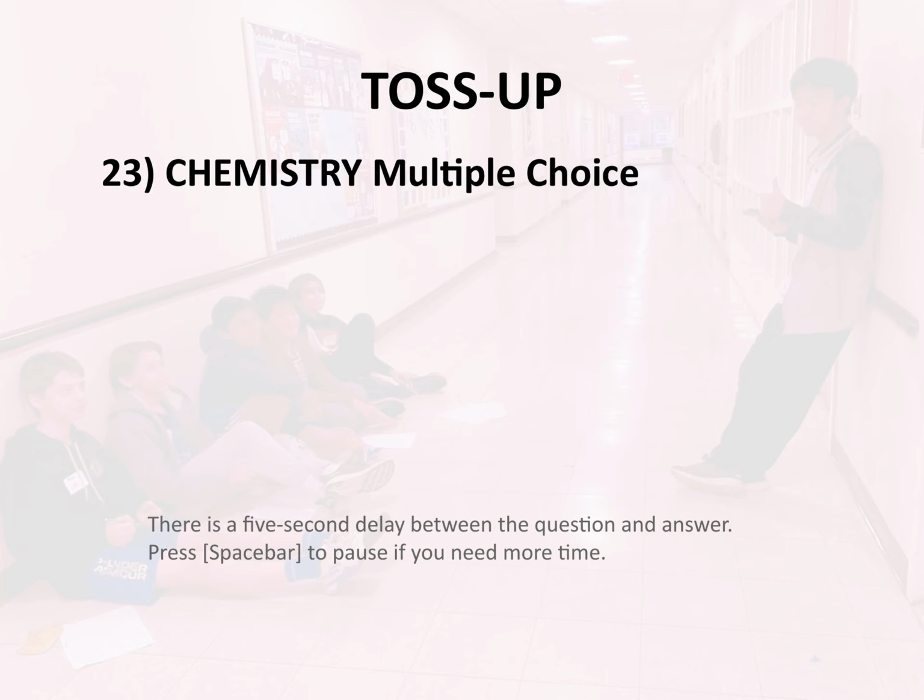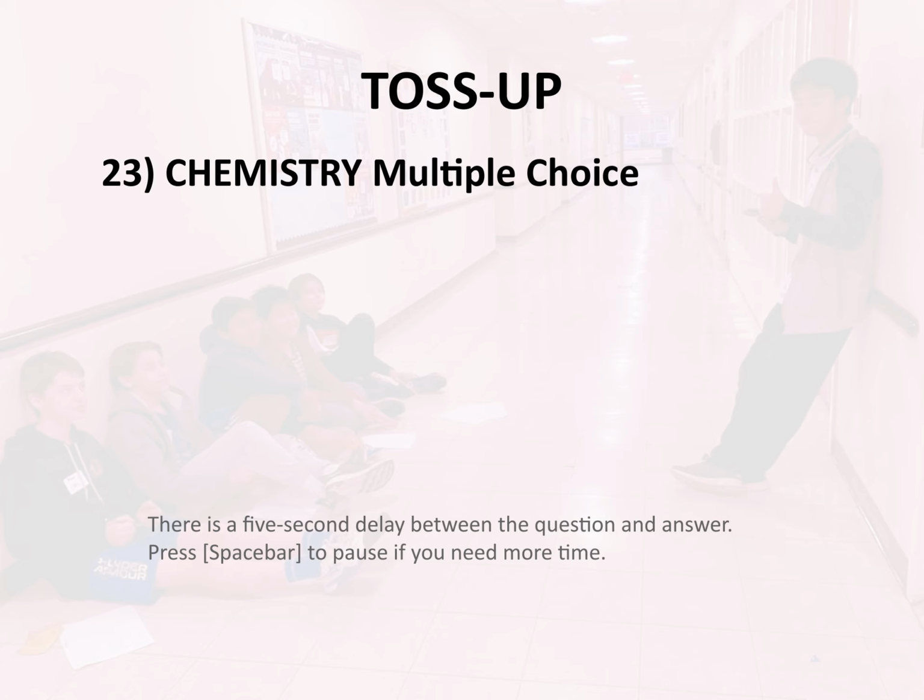Toss-up 23. Chemistry. Multiple choice. Identify which one of the following statements about Boltzmann distribution of energy is false. W. Degenerate states have the same energy and will be equally populated. X. An exponential increase in population with increasing temperature is predicted.